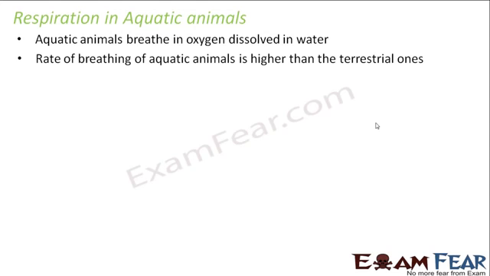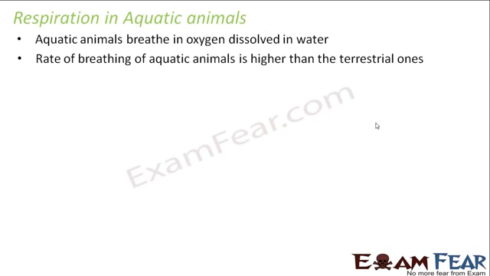So the rate of breathing of aquatic animals is higher than the terrestrial ones. Can you guess why? Terrestrial animals, that means the animals which live on land, for example human beings, breathe in oxygen from air into our lungs. We have these organs called lungs inside our body which are used for absorption of oxygen.